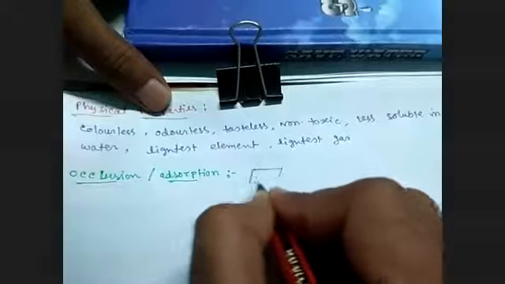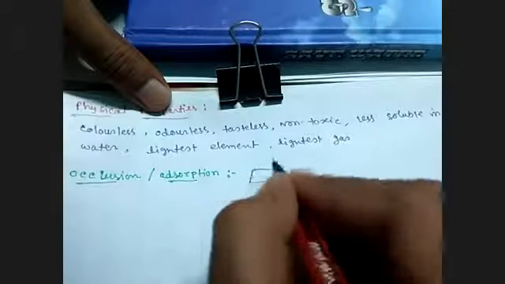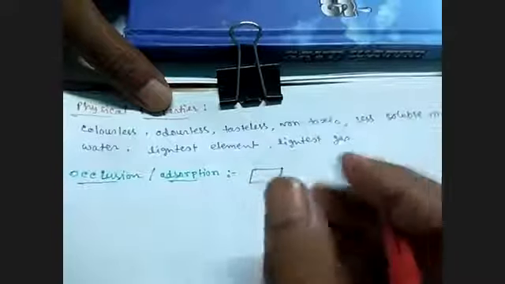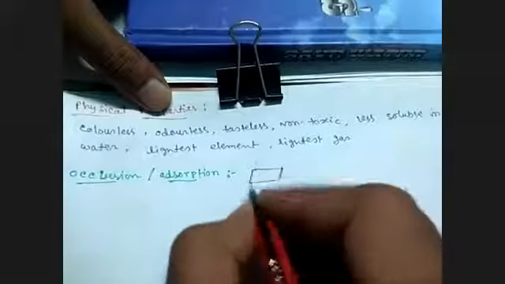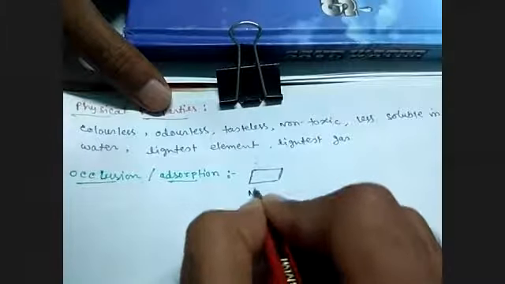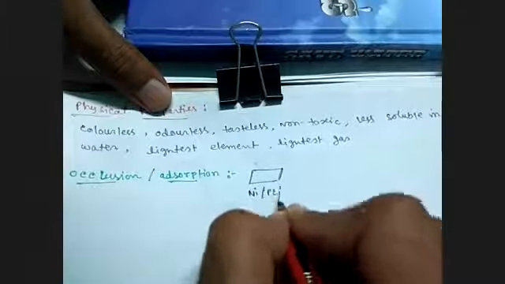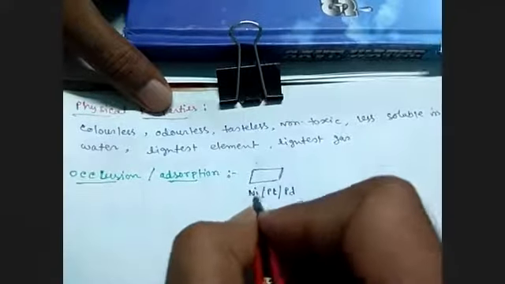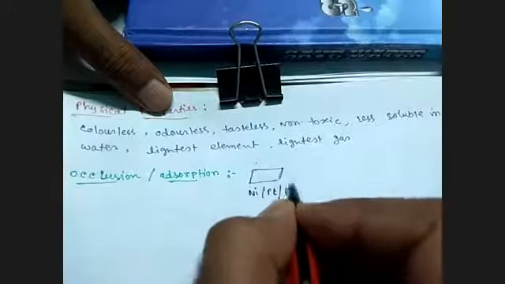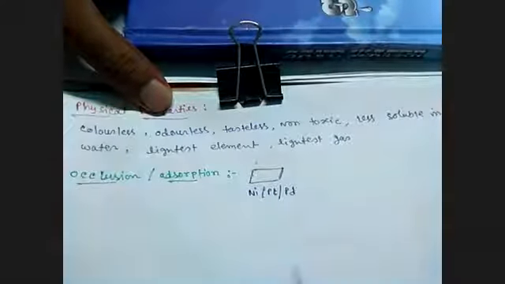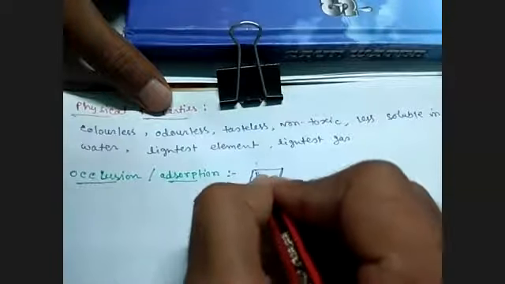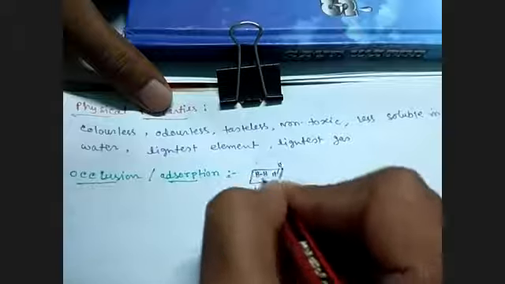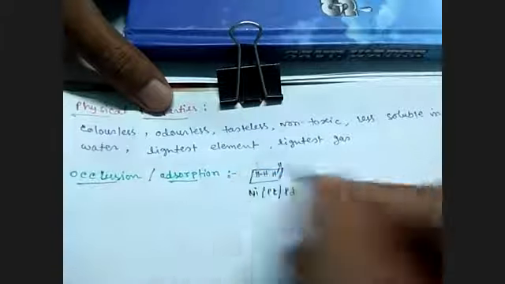Hydrogen has a great affinity, a great attraction, to metal surfaces, especially nickel, platinum, or palladium. So hydrogen will be placed over the surface of the metal like this, H bond H.